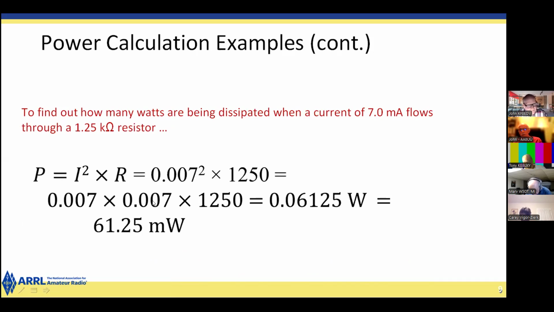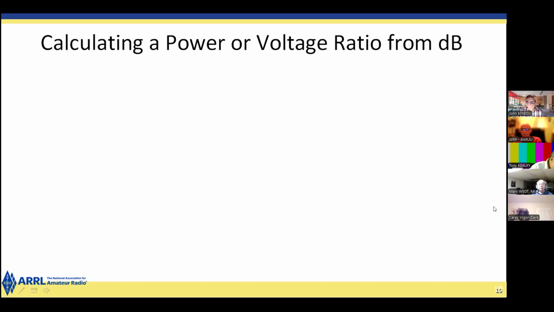You get rid of the millis and the kilos, so you use 0.007, which is 7 milliamps, and 1250 instead of 1.25 K. So it's 1250 times 0.007 squared, ta-da, 0.061, which is 61.25 milliwatts. And you know, these questions on your test will be A, B, C, D kind of thing, so don't have to worry about the .25 too much.